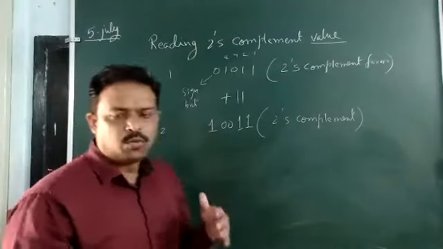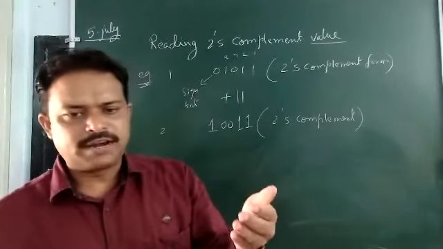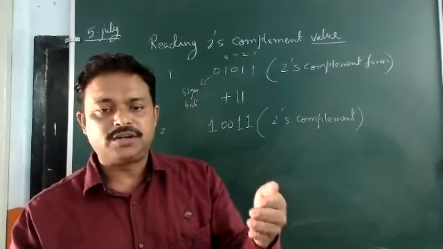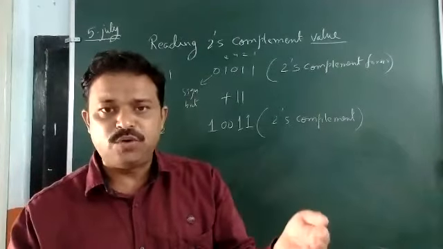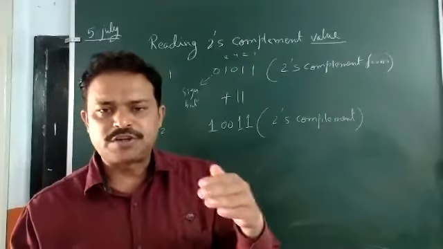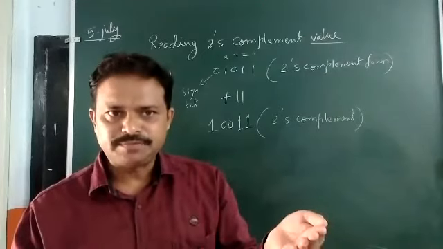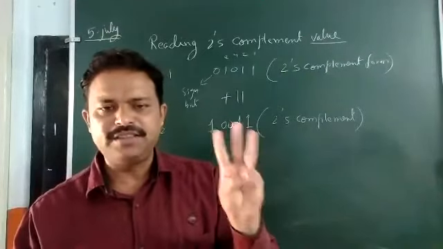What was the rule to represent any negative value in 2's complement? First of all, we have taken the 1's complement. We have learned three methods.